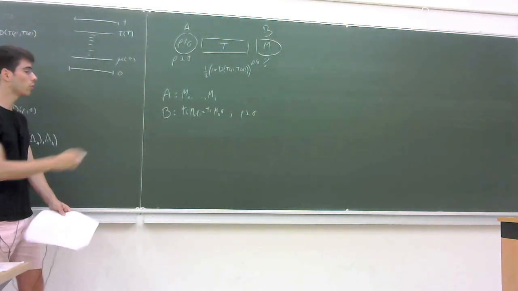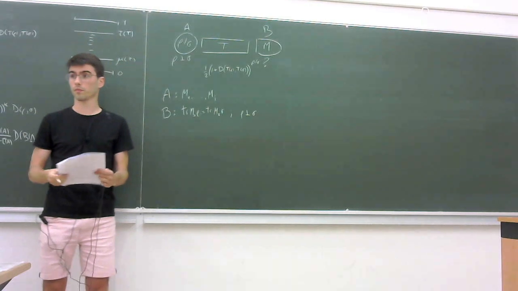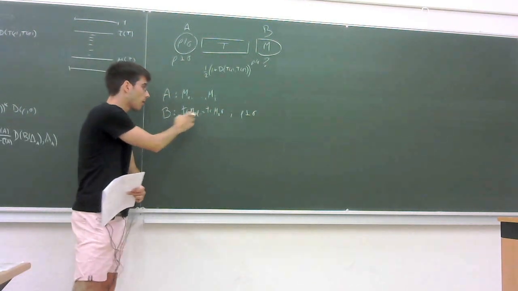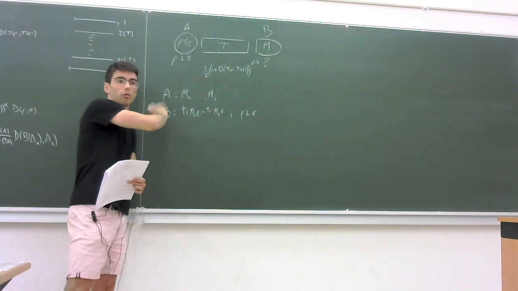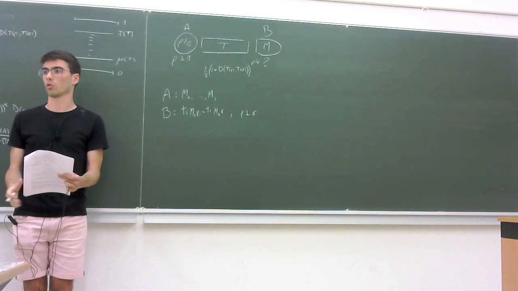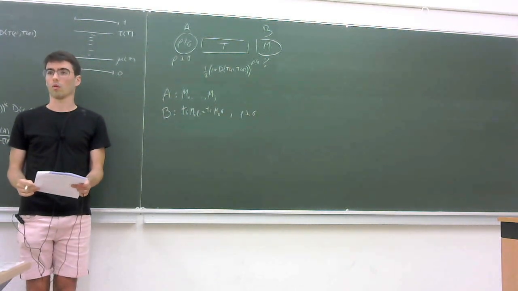Okay, so Alice will choose J observables, and that fixes that Bob has to choose from the set of states that are giving the same expected values for those observables.